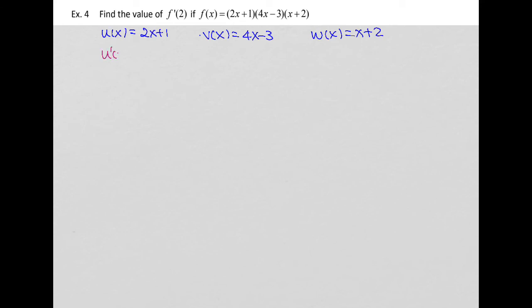So u prime will become 2, v prime will be 4, and w prime will be 1. And let's find f prime x. F prime x will be u prime, which is 2, times v times w, plus w.